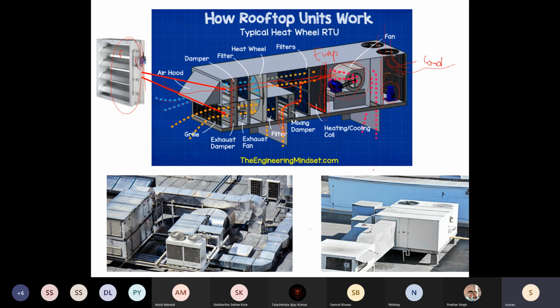Now our Nalanda system is slightly different in the sense that the refrigeration system is not on your rooftop. It is separately present so that the roof doesn't have to take a lot of load.